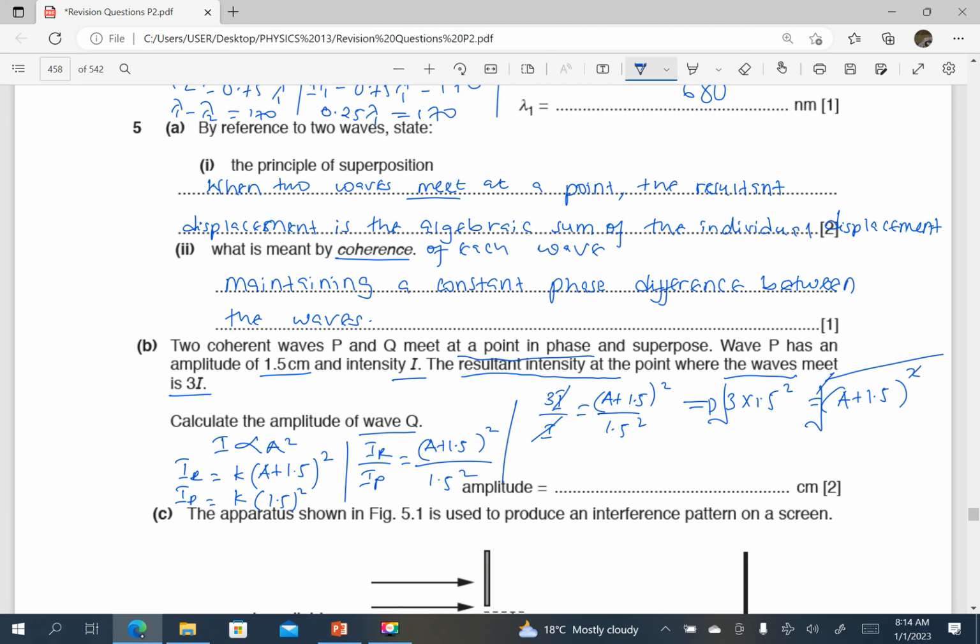I get 3 times 1.5 squared, then I find its square root. So I remain with A. I just subtract 1.5 from the value on the left, and I get my value of A as 1.098, which is approximately 1.1. So the amplitude is 1.1 centimeters. I didn't change the units of amplitude because I knew the answer would remain in the same unit of centimeters. Okay.